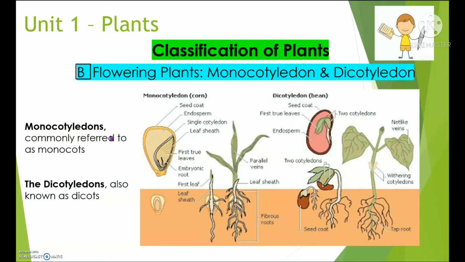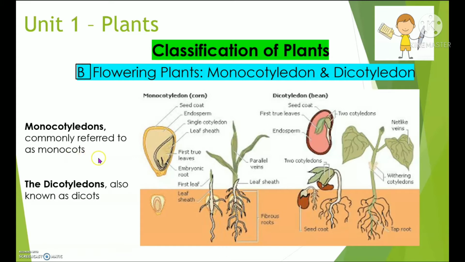Monocotyledons. Very good. So monocotyledons, they are commonly referred to as monocots. Everybody repeat after me. Monocots. Very good. So this is a monocotyledon, or what we called as monocots.